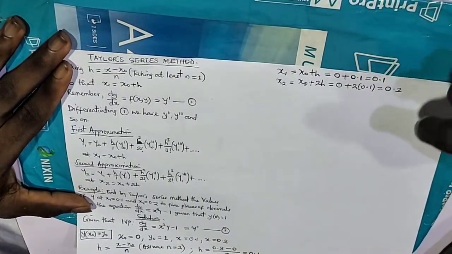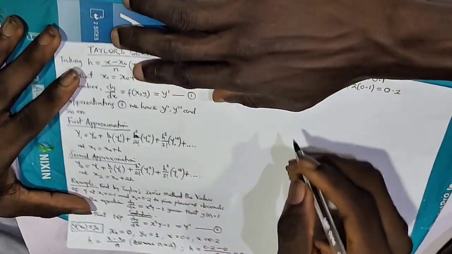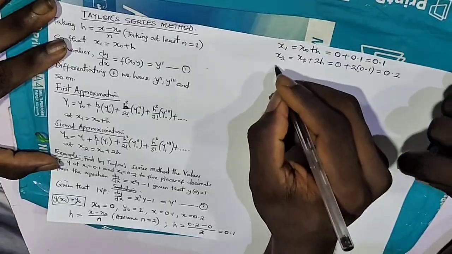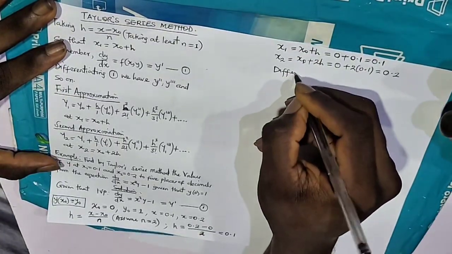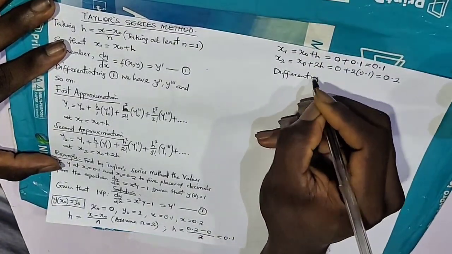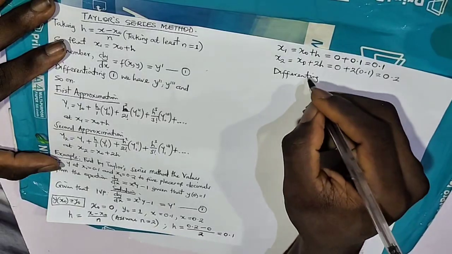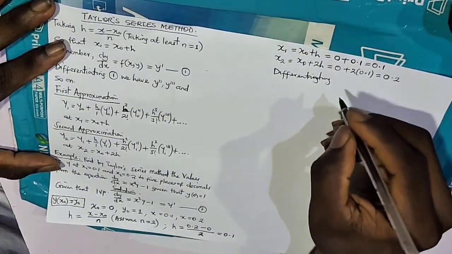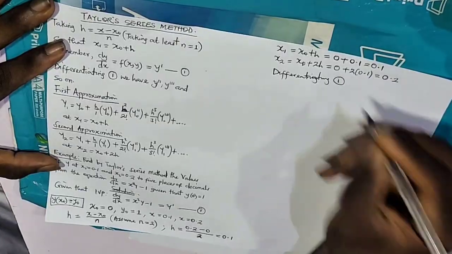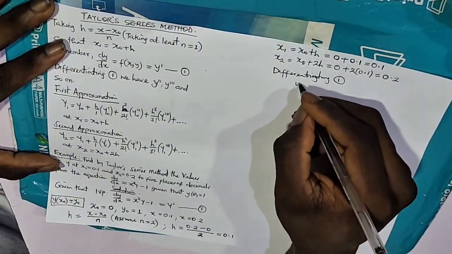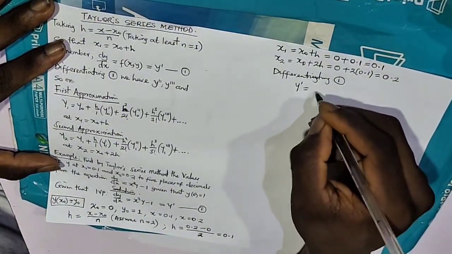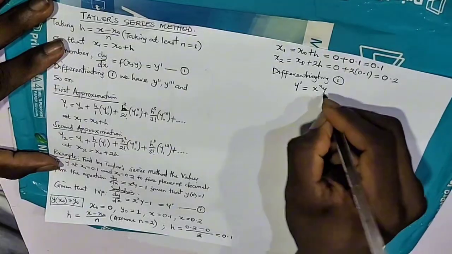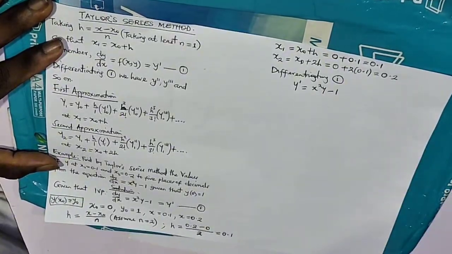So now, having done that, we can differentiate. Differentiating equation 1, y prime is equal to x squared y minus 1, right?